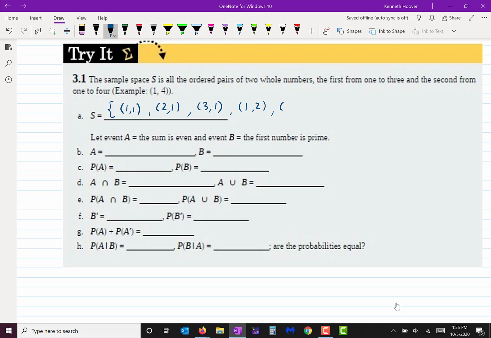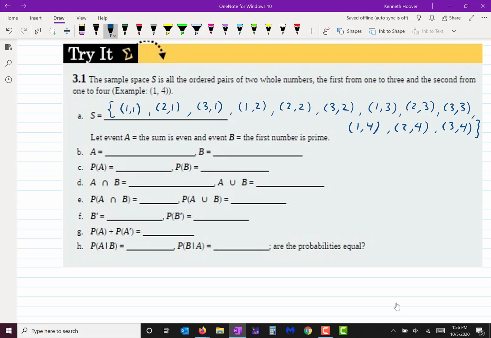Okay, and (2, 2) and (3, 2). What else? (1, 3), (2, 3), (3, 3), and (1, 4), (2, 4), and (3, 4). That would be all of the things in the sample space.